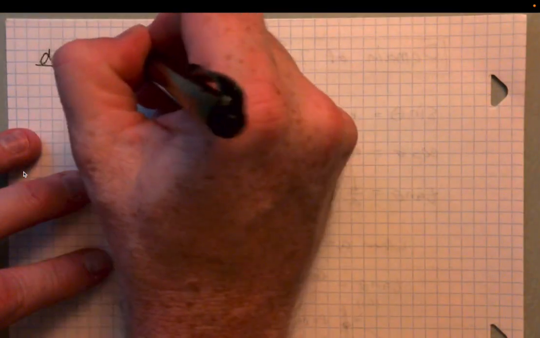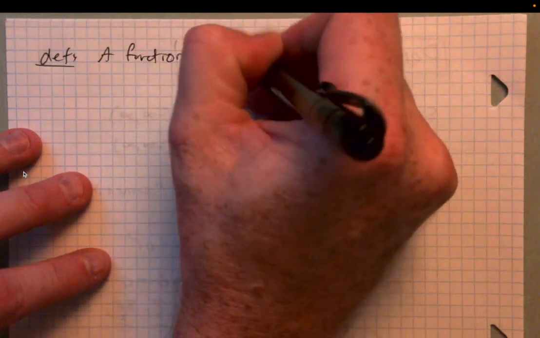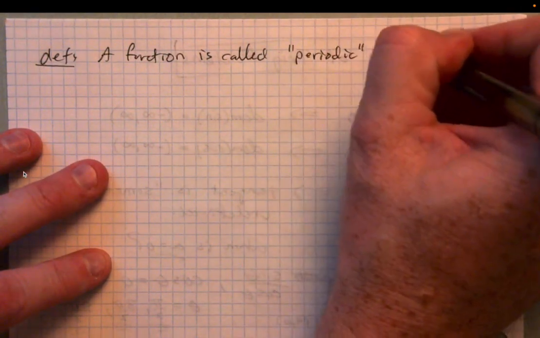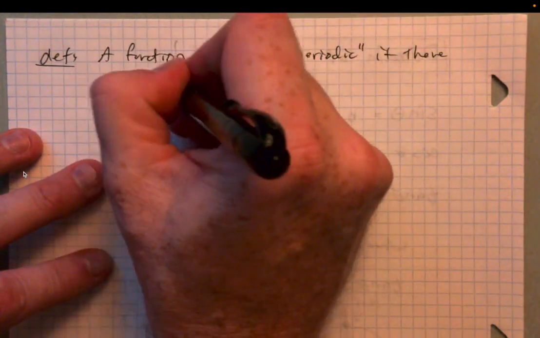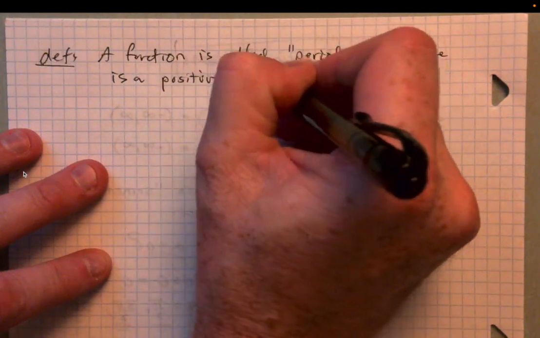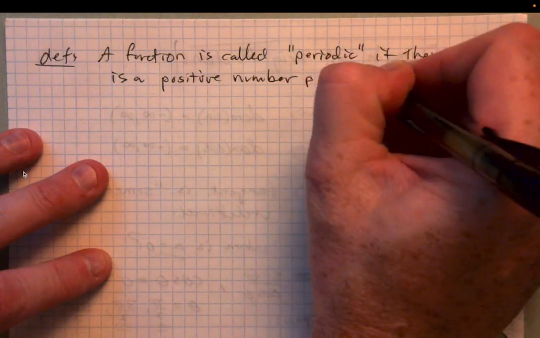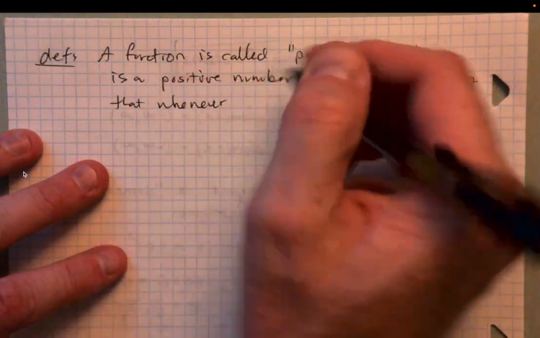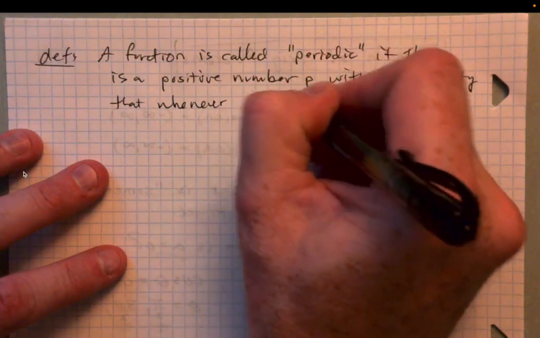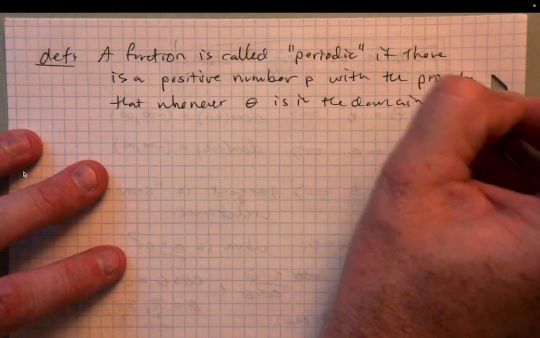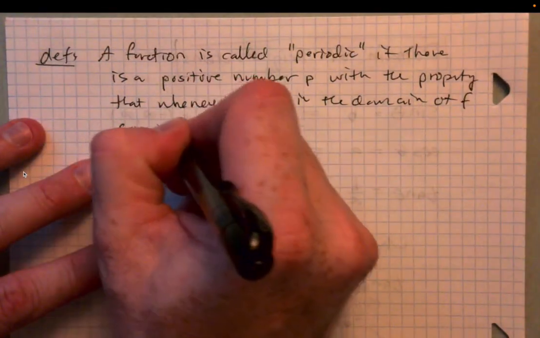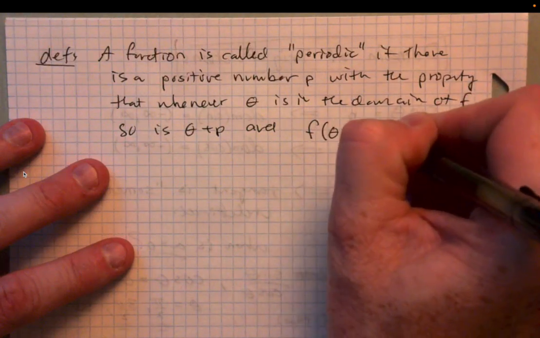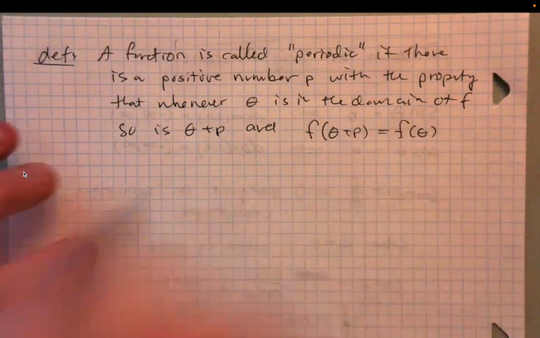So a function is called periodic if there is a positive number p with the property that whenever theta is in the domain of f, so is theta plus p, and the function evaluated at theta plus p is equal to f, the function evaluated at just theta.